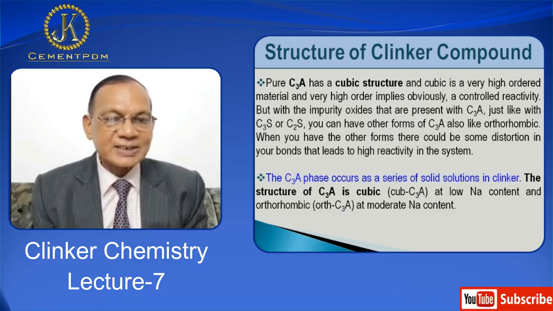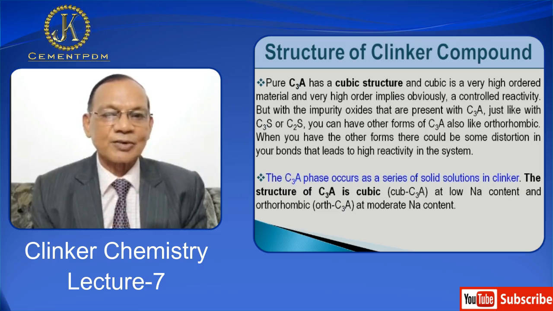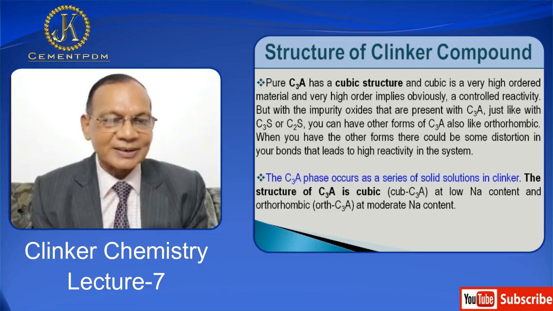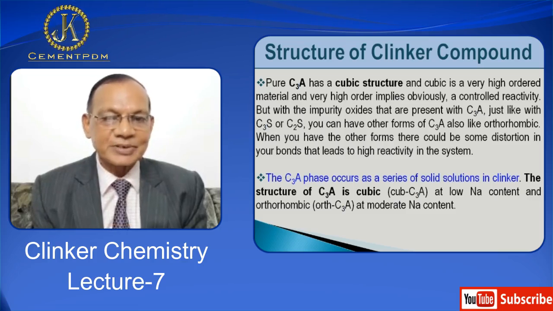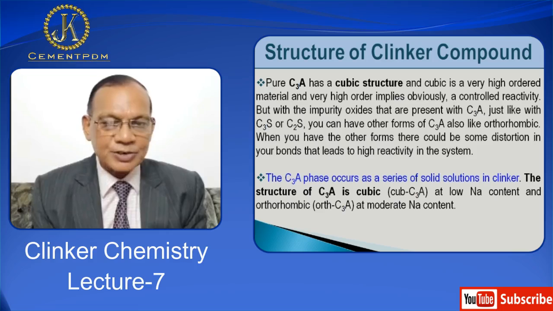Now, pure C3A has a cubic structure, and cubic is a very highly ordered material, and a very high order implies obviously a controlled reactivity. But with the impurity oxides that are present with C3A, just like with C3S or C2S, you can have other forms of C3A also, like orthorhombic.